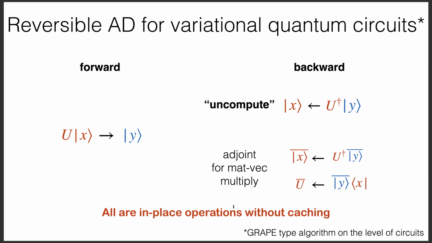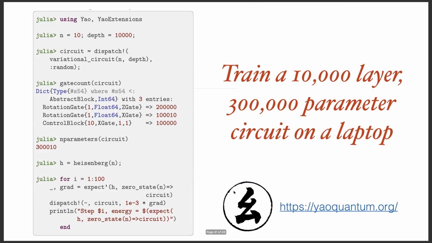Okay, this is a technical slide I want to skip. But the key message is that once you make use of this reversibility, you can do all in-place operations without adding caching. That actually brings you some extremely efficient implementation of reverse mode automatic differentiation of quantum circuits.